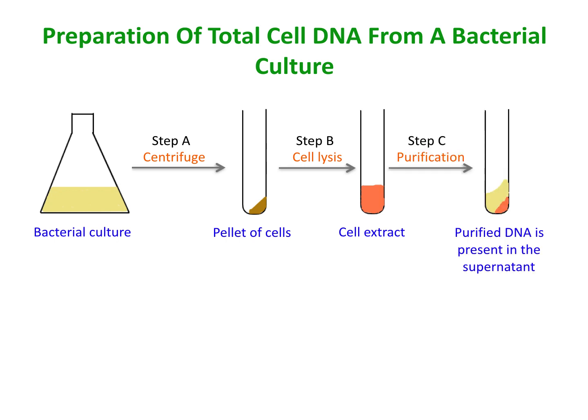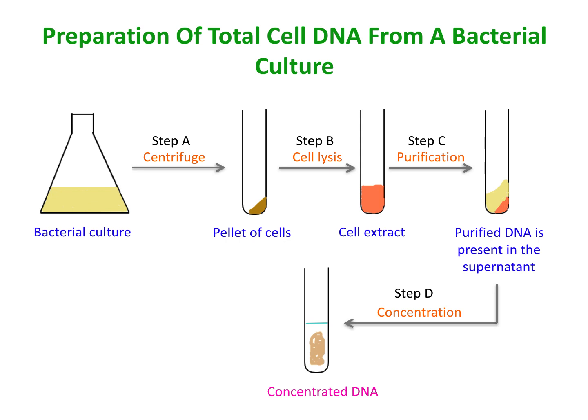Subsequently, the cells are lysed so that all the cellular contents are released outside, giving us the cell extract. In the purification step, all the contaminants are removed, leaving only the DNA in the cell extract. In the last step, this DNA solution is concentrated.